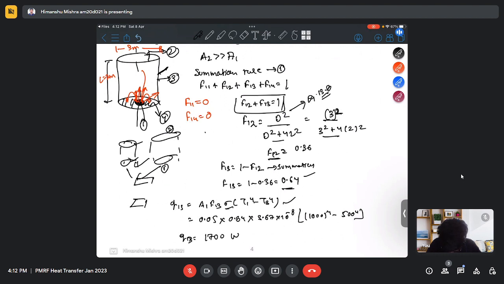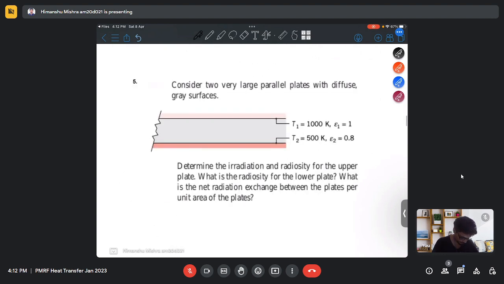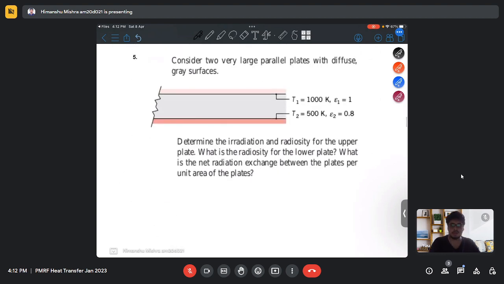Okay, so let's move to the next one. Consider two very large parallel plates with diffuse gray surfaces. We have been given the temperature and emissivity of the two surfaces, and we need to determine the irradiation and radiosity for the upper plate. What is the radiosity for the lower plate?